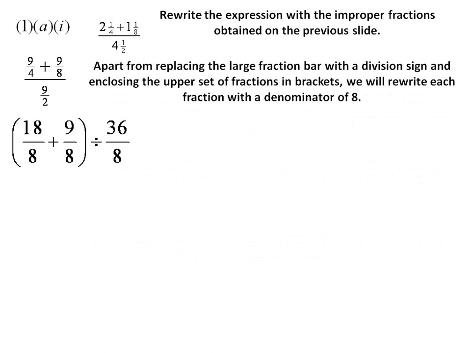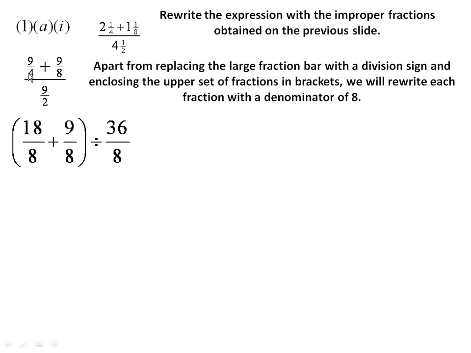Apart from replacing the large fraction bar with a division sign and enclosing the upper set of fractions in brackets, we will rewrite each fraction with a denominator of 8. And how have we done that? As a matter of fact, we will take a look at this on a later slide. But how do we achieve that?